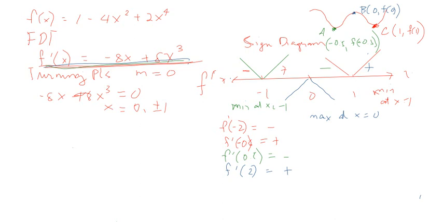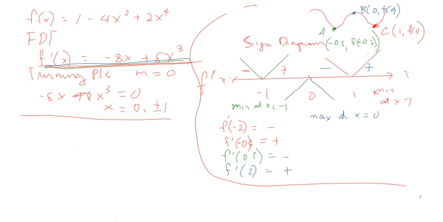For the second derivative test, we can get rid of this. So from the first derivative, we proceed to finding the second derivative of the function. So f double prime of x gives us negative 8 plus 24x squared.